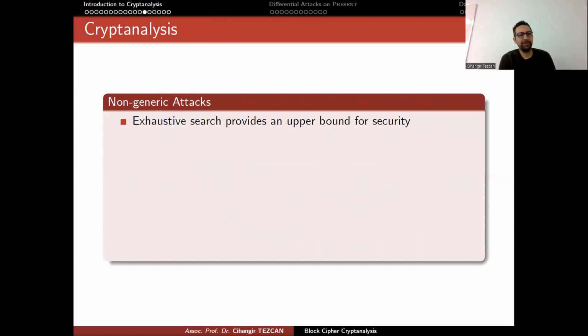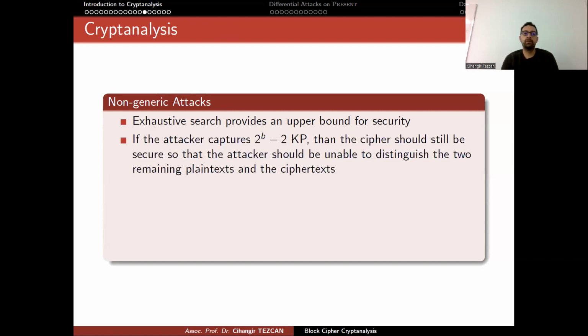Okay. So now I can give a definition of a cryptanalysis attack. I can talk about non-generic attacks, because we have seen the generic attacks like exhaustive search and table attack. Exhaustive search provides an upper bound for security, as I said, but the table attack also gives an upper bound for data and memory.